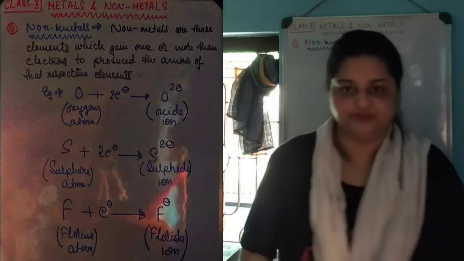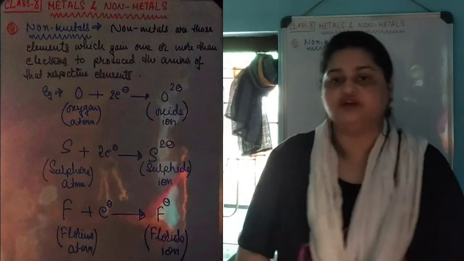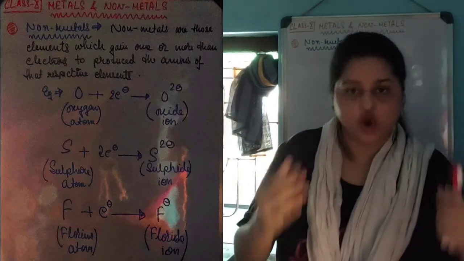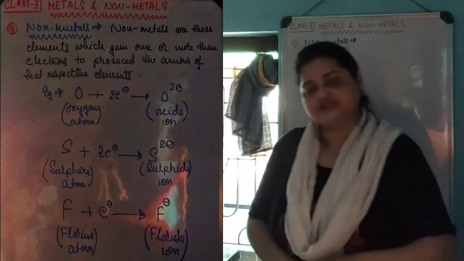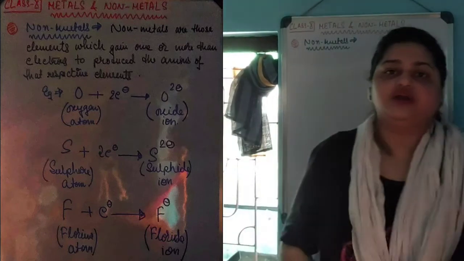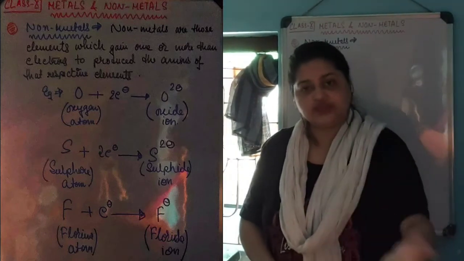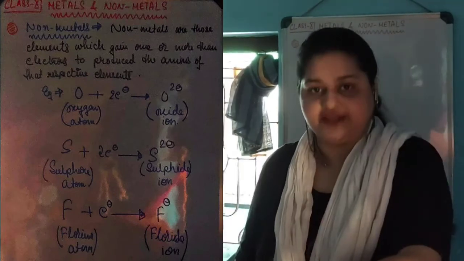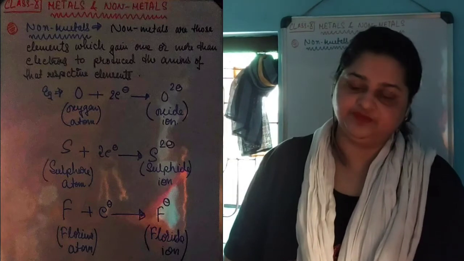Metal was one of them. Another type of element is known as non-metals. Metals by definition were those elements which, when doing a chemical reaction, lose electrons and produce the cations of the element.